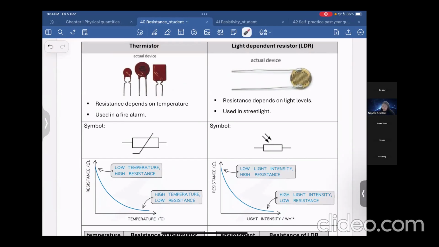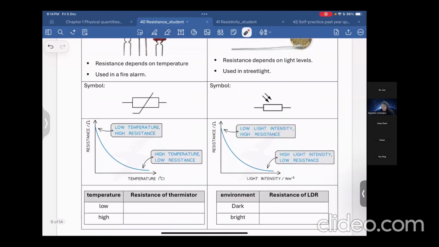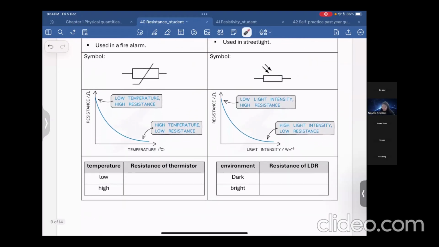The thermistor is affected by temperature and is normally used for fire alarm systems. This is the symbol, you have to know the symbol. When temperature increases, resistance decreases. This is the characteristic of the thermistor.